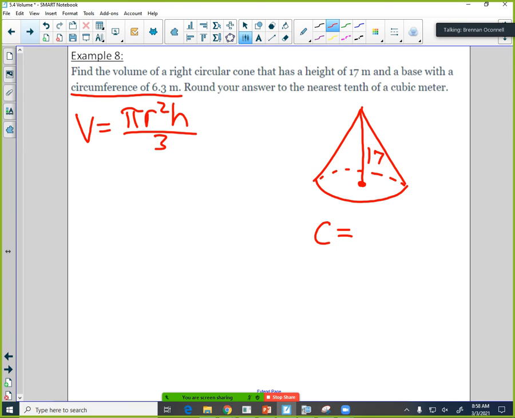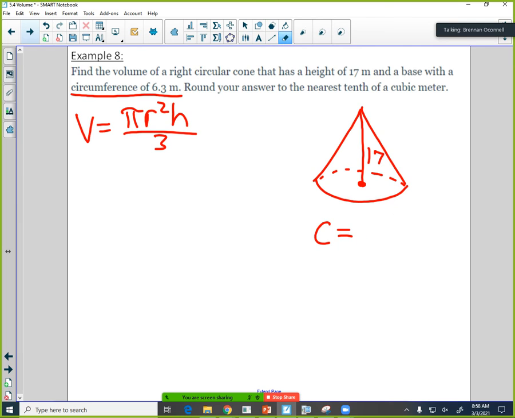Remember that formula? The area was pi r squared. The circumference, we had two different ones. We had pi times diameter. But I want the radius.